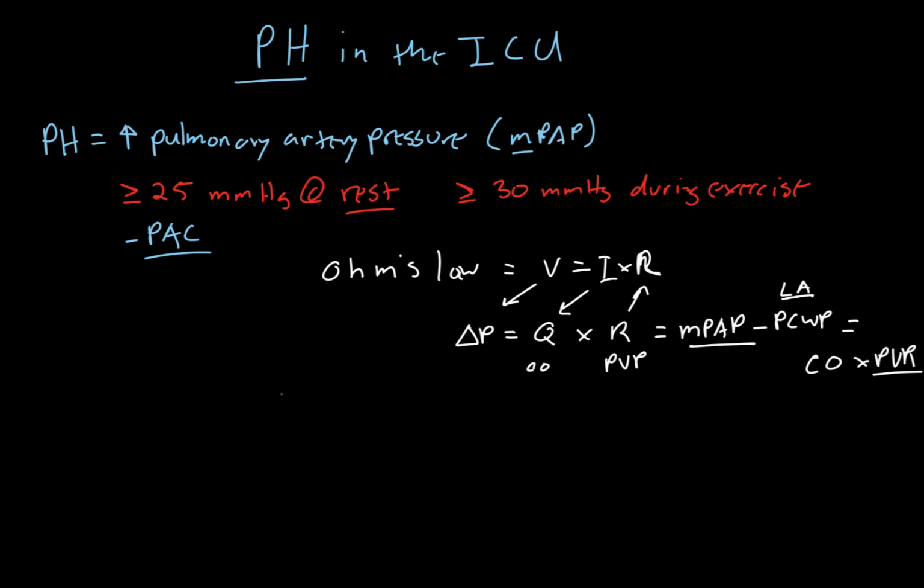So let's go over here and let's isolate our mean pulmonary artery pressure. So algebraically, this will work out as cardiac output times PVR, plus our pulmonary capillary wedge pressure, okay? Or our left atrial pressure. And these are the things that contribute to an increased pulmonary artery pressure.